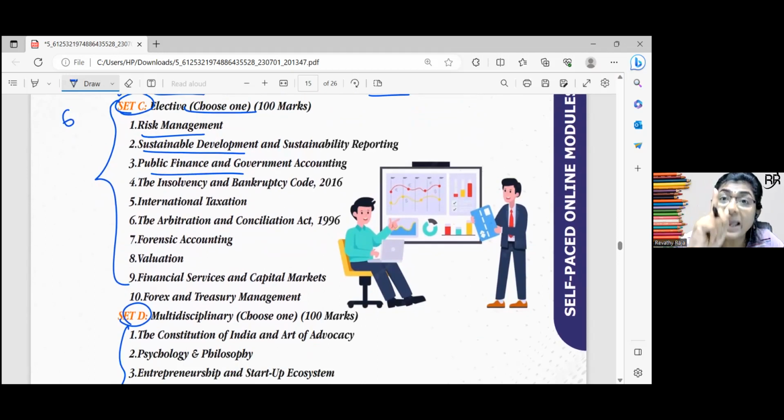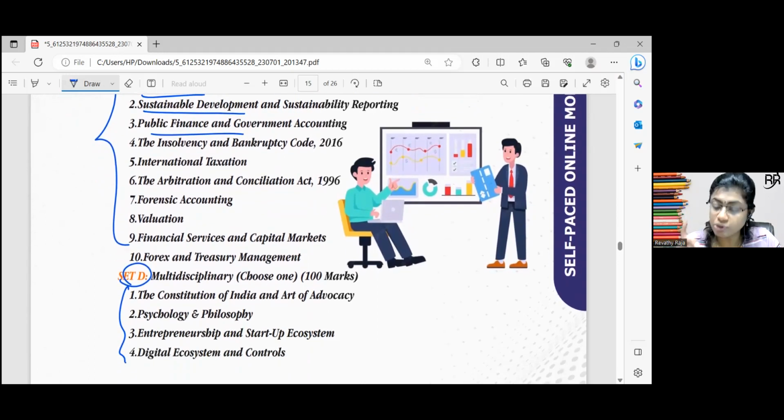From this, you have to choose only one. And from set D, again, you choose any one. That's more or less like general papers: Constitution of India, psychology, philosophy, entrepreneurship development, digital ecosystem.